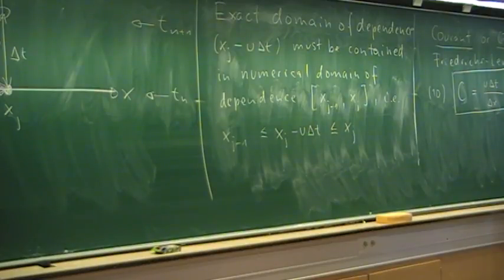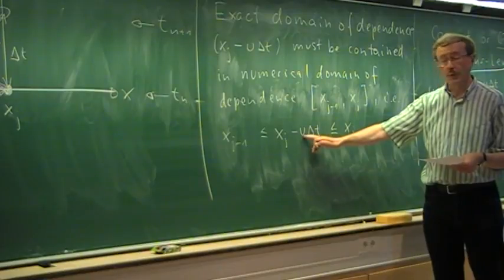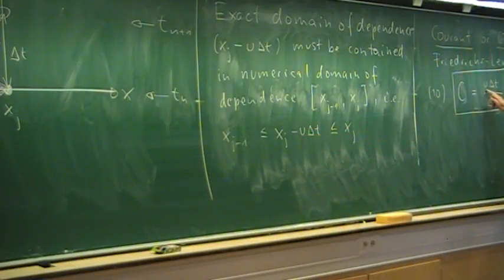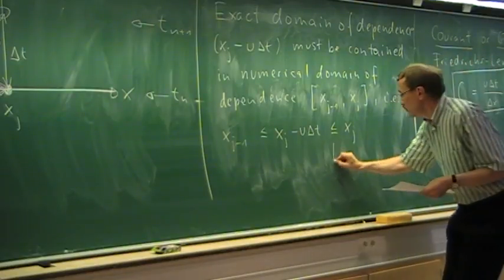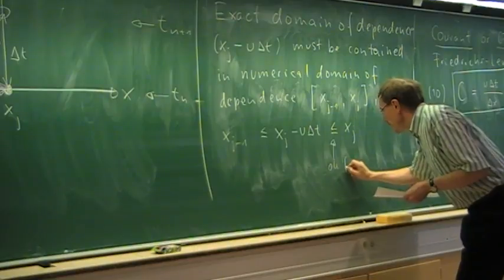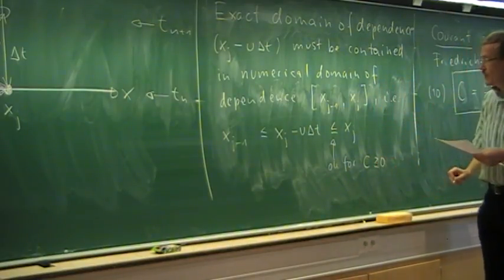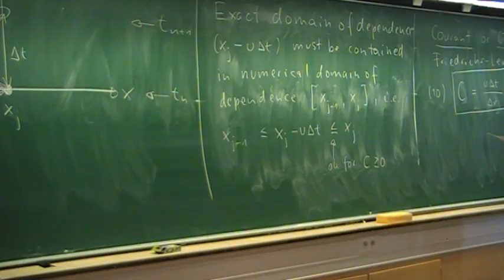If we look at that, then we can argue that if u is positive, then this is okay. So that is okay for the Courant number greater or equal than 0, because the Courant number then tells us about u.